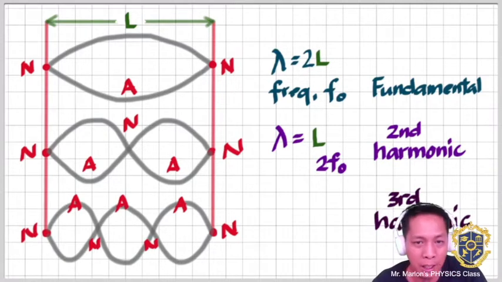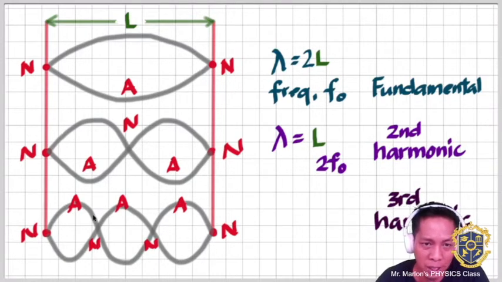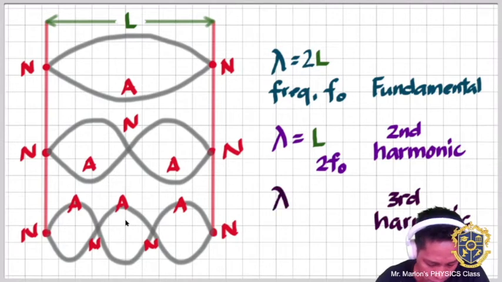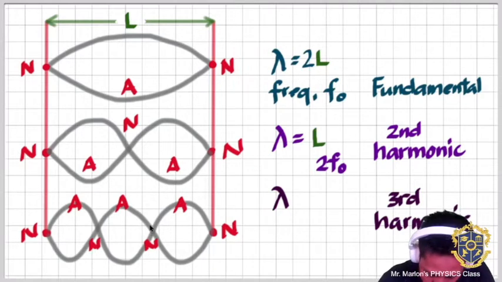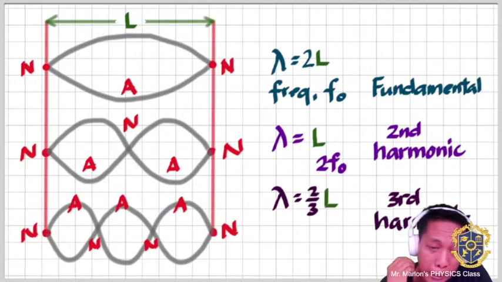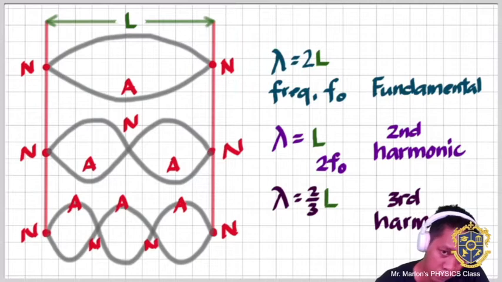And it is. Now the wavelength here is going to be this one. As you can see, this one is L, and it looks like this drawing is dividing the L into 3, and 2 parts represent the wavelength. So we can put here that our wavelength in the third harmonic is 2/3 of L. And you can only do this if you increase the frequency again.